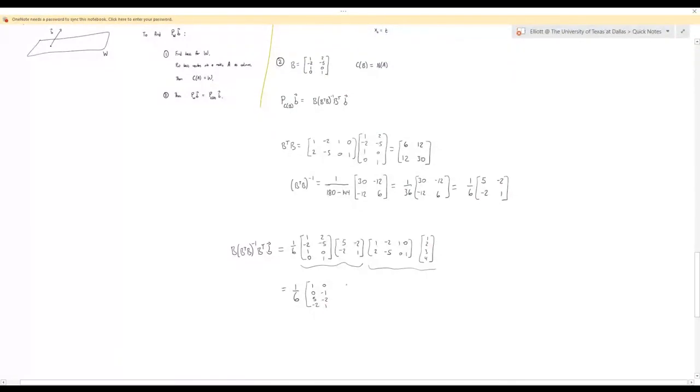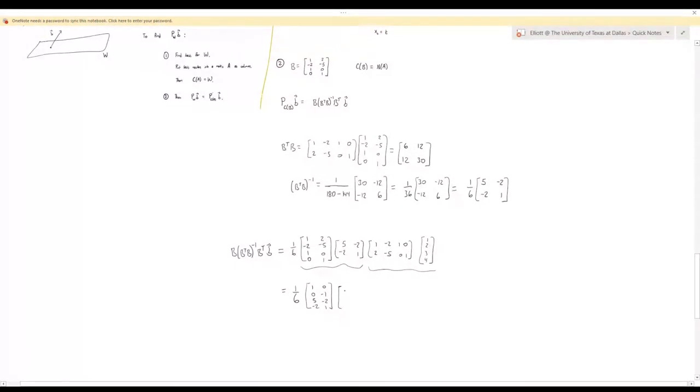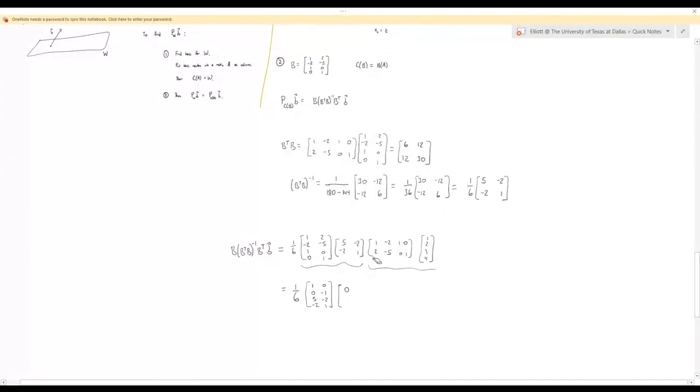I think that's what you get there. And then when I multiply these two together, we're going to get 1 minus 4 plus 3, 2 minus 10 plus 4, like that. Okay.